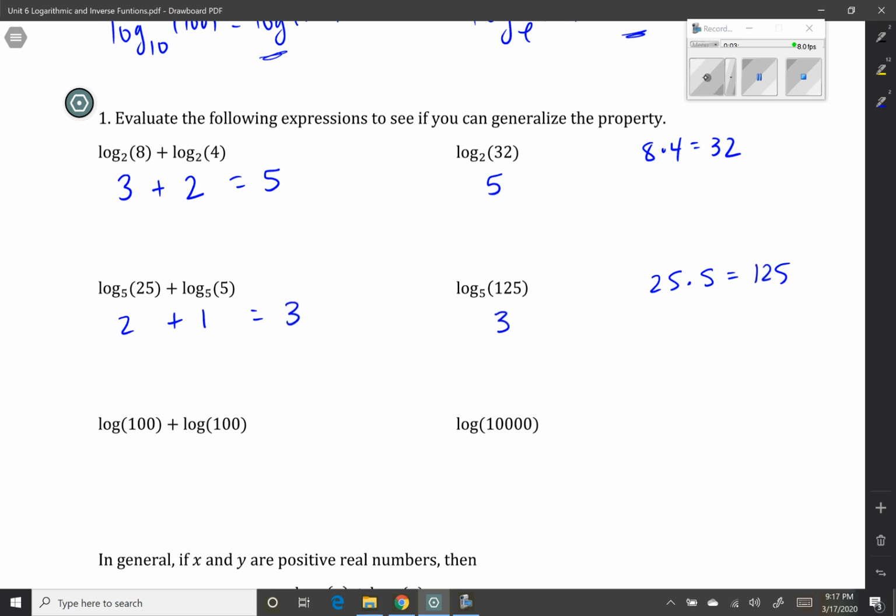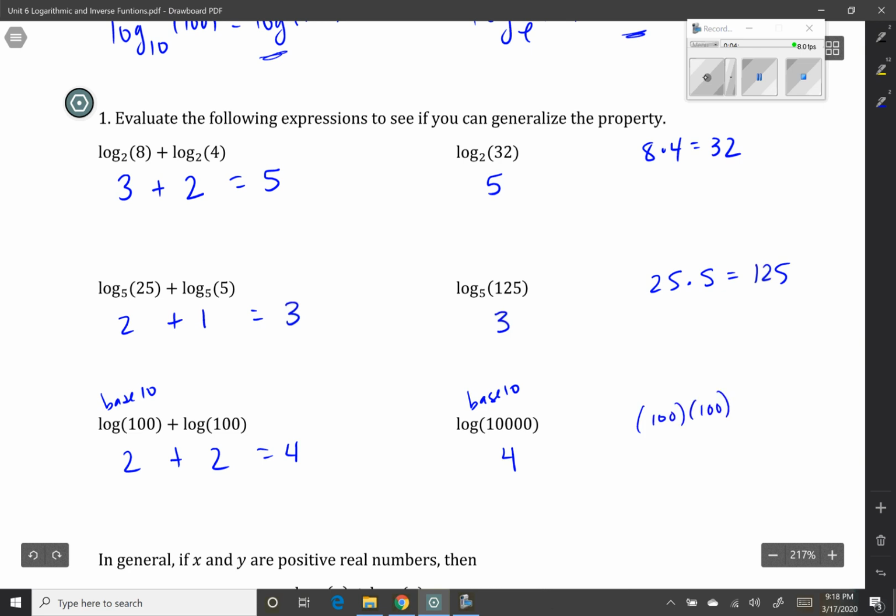Well, log of 100, that's a common log, so this is base 10. So that's 2. 2 plus 2 is 4. Log of 10,000, again, this is a base 10 log. So that would also be 4. 100 times 100 is 10,000.